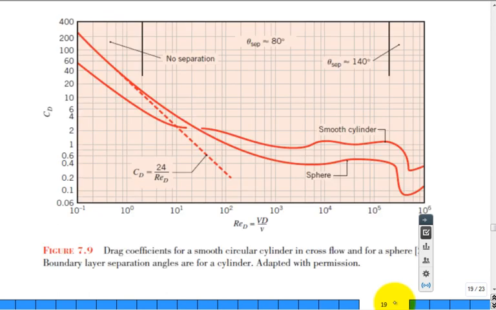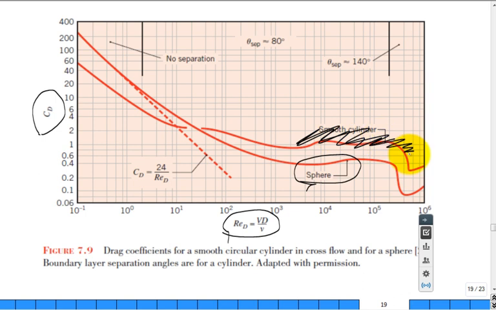This chart. What is the y-axis? What is the x-axis? And we're interested in a spherical object, so don't ignore the smooth cylinder curve. And as a function of Reynolds number, you get the drag coefficient. Stokes flow is up in this region.